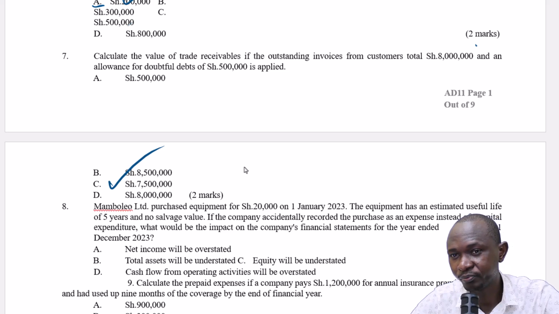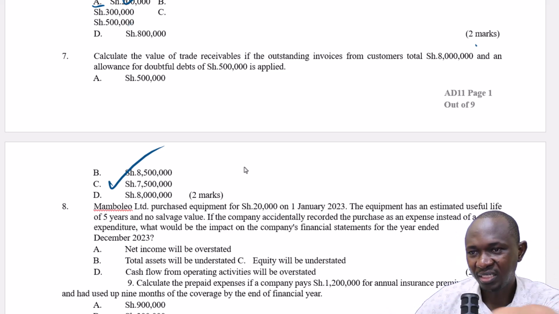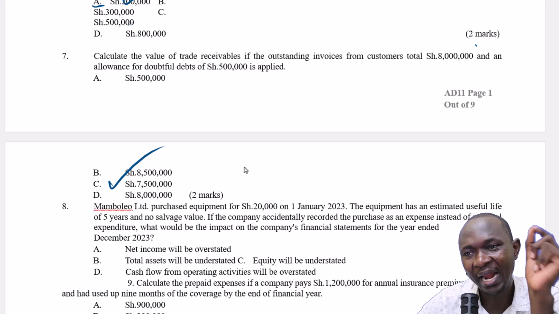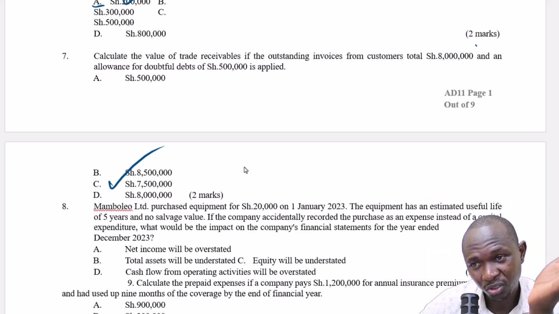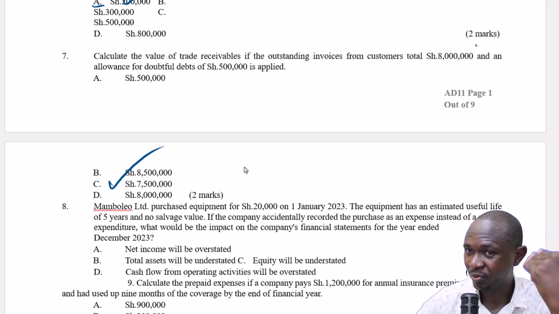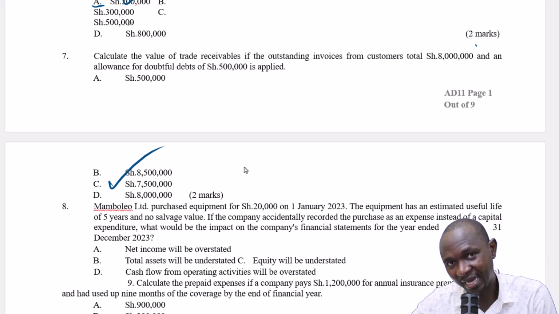Calculate the value of trade receivables if the outstanding invoices from customers are 8 million and the allowance for doubtful debts is 500,000. This allowance, or provision for doubtful debts, has the effect of reducing the trade receivables in the balance sheet, or the statement of financial position. Normally we take trade receivables less provision for doubtful debts, or you can put the provision for doubtful debts under current liabilities.